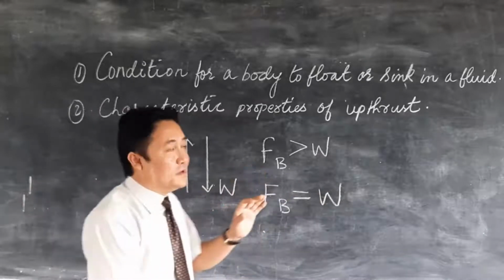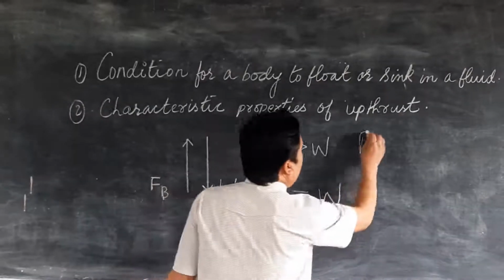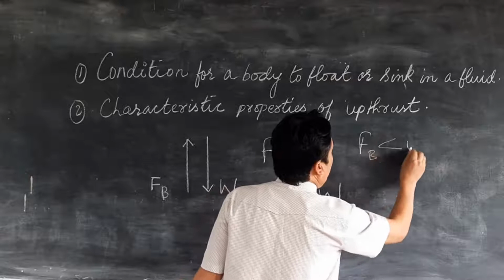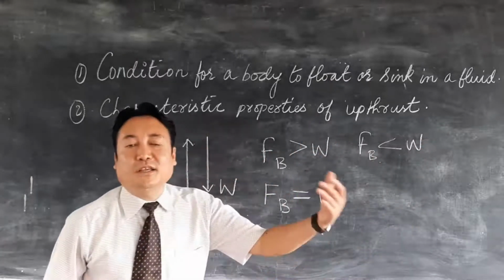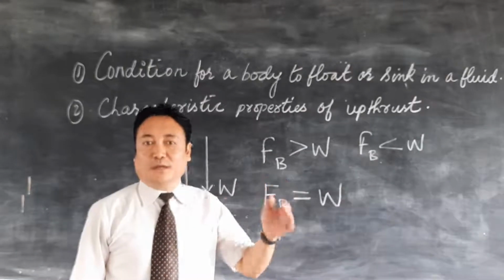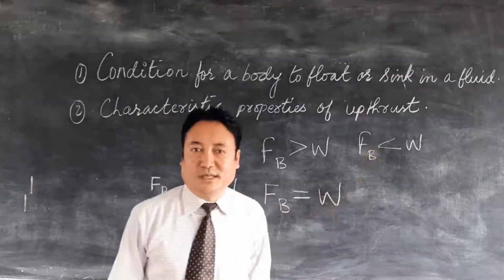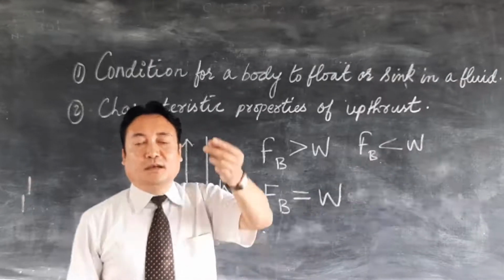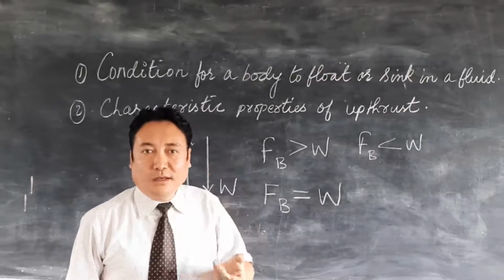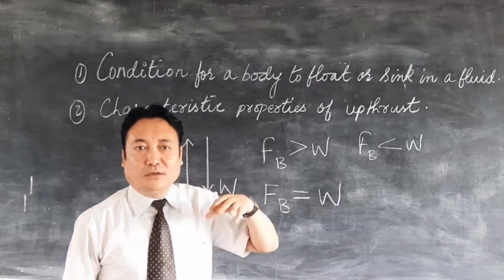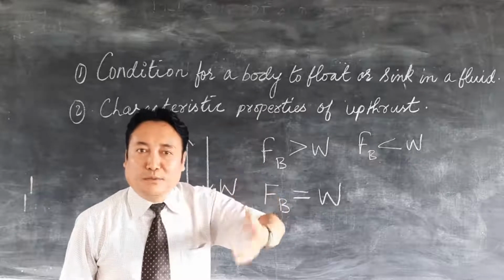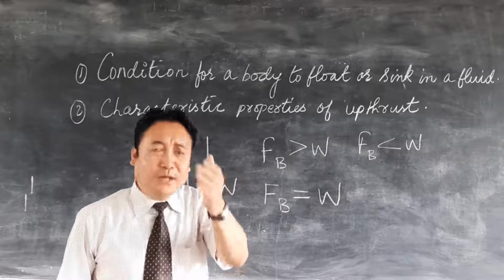The third one is that if the upward force is less than the weight of the body, that means if the weight of the body is more than the upthrust, then the body will sink. You take a stone or a coin and drop it in the water, what will happen? The stone or coin will sink. Why do they sink?